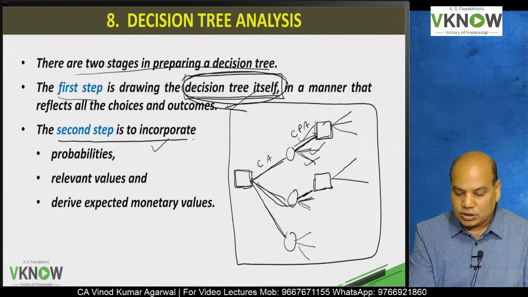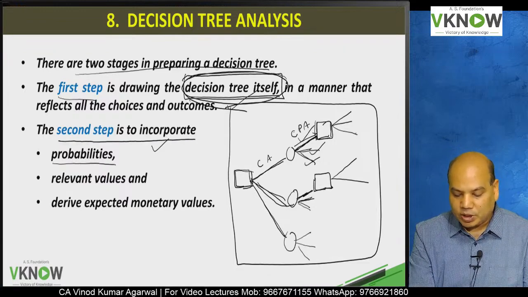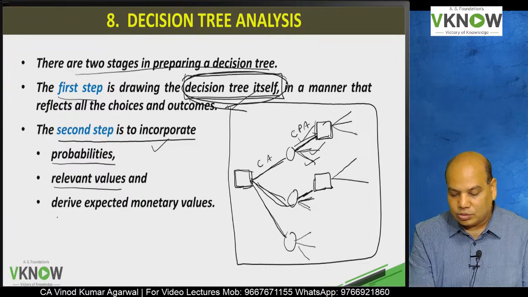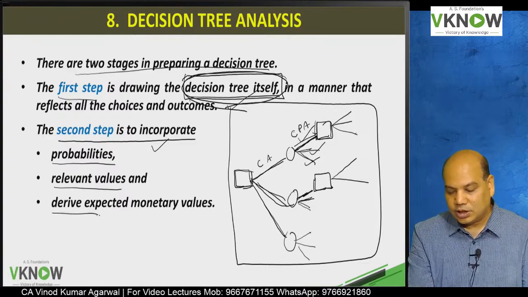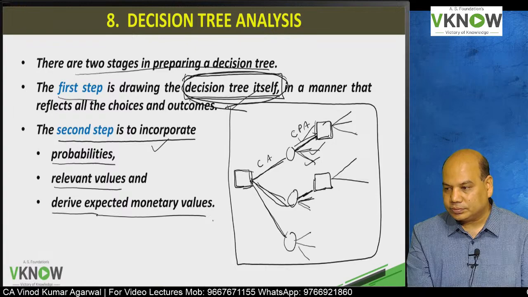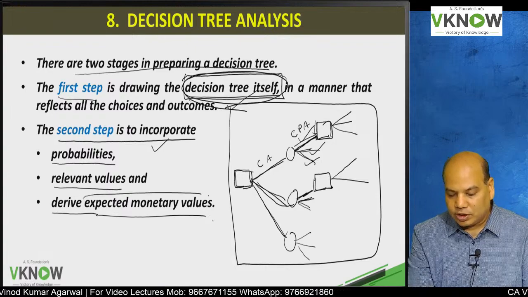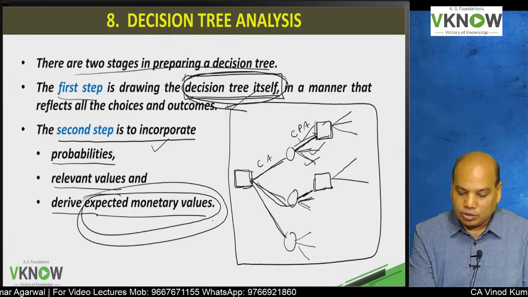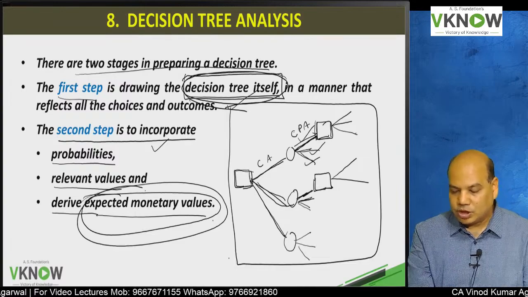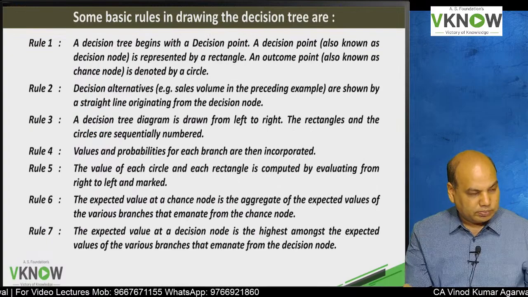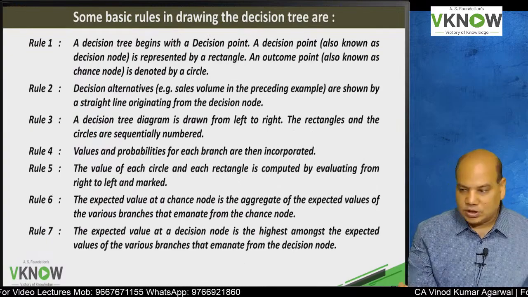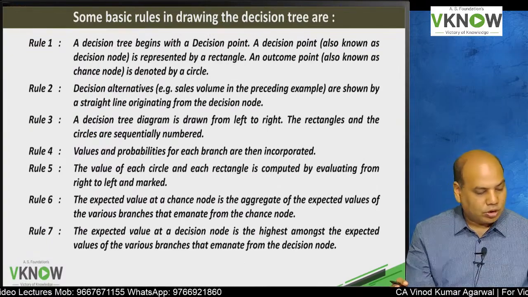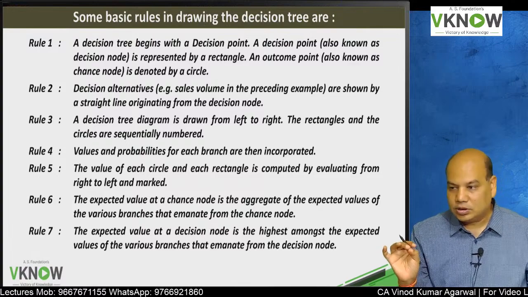Step number 2 is to incorporate probabilities and relevant values, and then derive the expected monetary value. If you remember, we derived the monetary value of doing the CA course and the monetary value of doing the MBA course, and accordingly we took the decision. To keep your life easy, I have put this whole discussion into 7 steps.